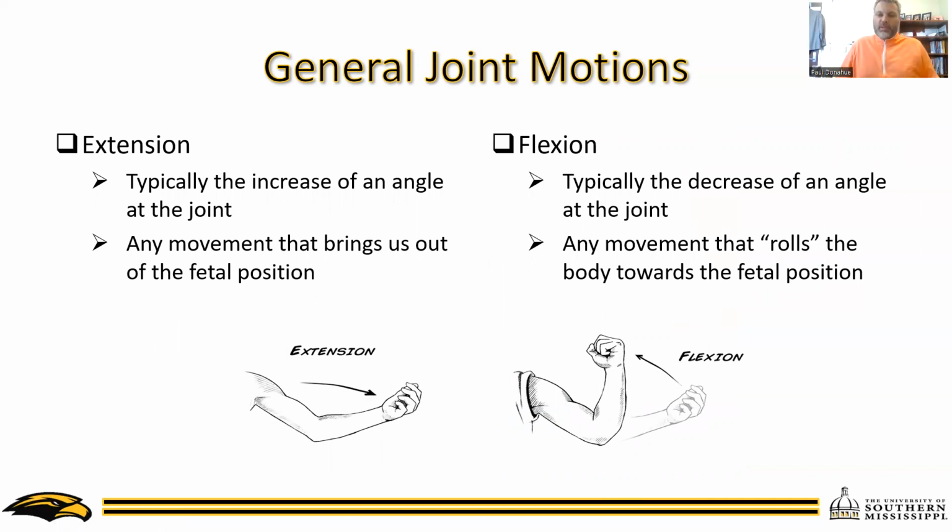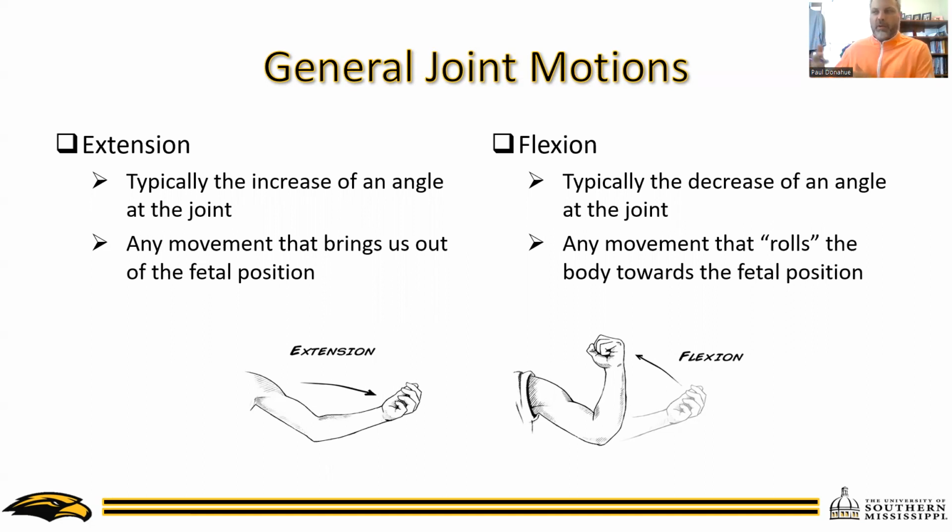Now, from our reference position and going backwards, this is getting longer. So we're into extension. So this again is an important aspect when we talk about movement versus everyday verbiage that we have.